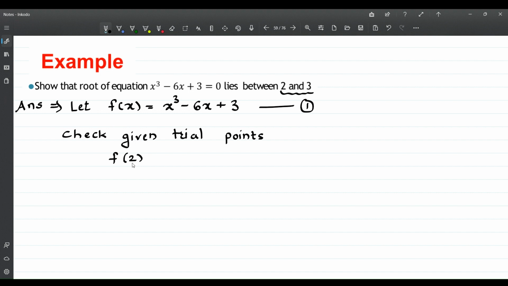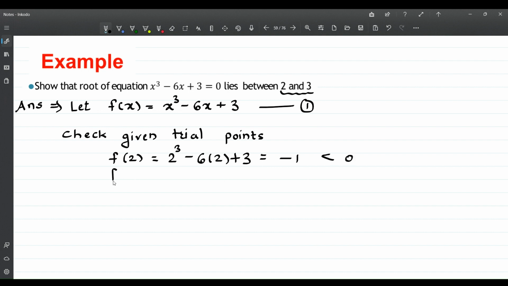Then we have f of 2 is equal to 2 cube minus 6 into 2 plus 3. You can calculate it on a calculator as well as by yourself. 2 cube is 8, minus 12 is minus 4, plus 3 is minus 1. As this is negative, it is less than 0.